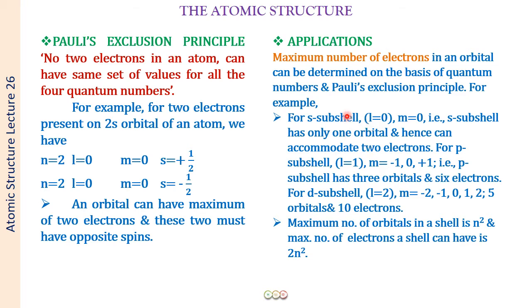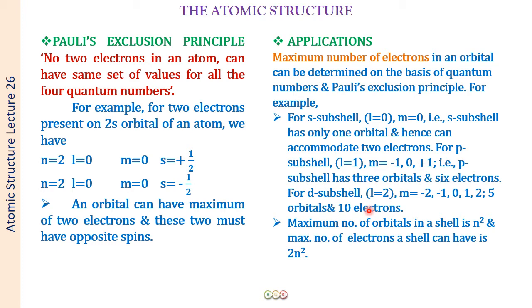So the s subshell can have a maximum of 2 electrons. The p subshell, l is 1, m is going to have 3 values. So we have 3 p orbitals, and this means 6 electrons maximum in the p subshell. Then for the d subshell, we have l equal to 2. So there are 5 possible values of m. So this means there are 5 orbitals and 10 electrons.